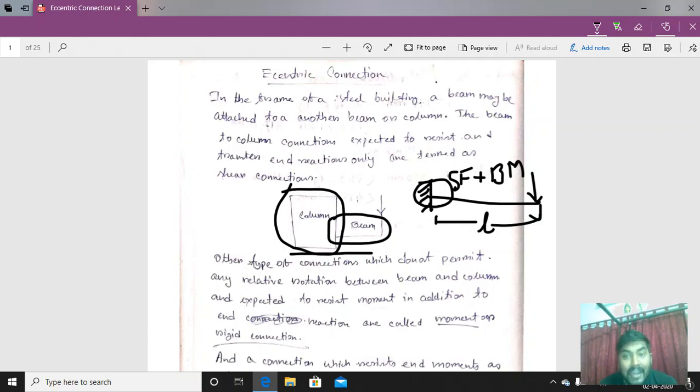The beam to column connections that are expected to resist end reaction are termed shear connections. That means this is an end reaction acting at the end of the beam. So this is the first type of connection, the shear connection.